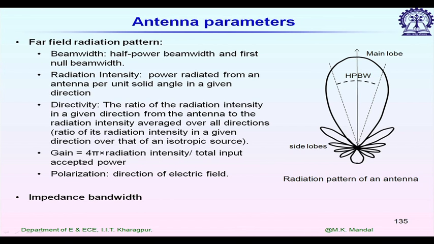Usually the gain definition does not consider the loss due to input reflection. Whenever we feed any antenna, at the feeding port there will be some input reflection loss due to the impedance mismatch between the guiding structure and the antenna input impedance.